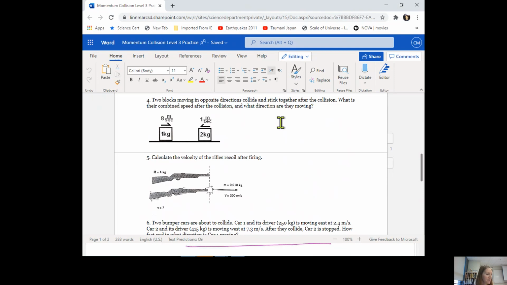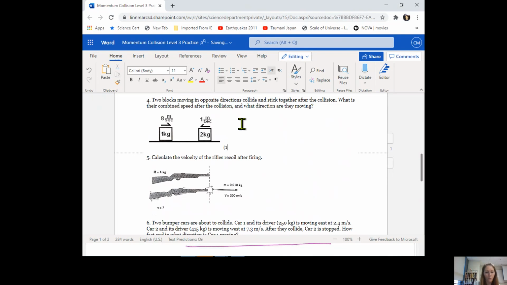When you solve this, I'm going to type this out for you.